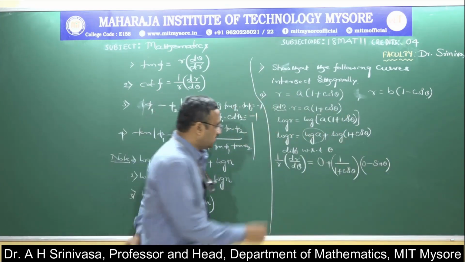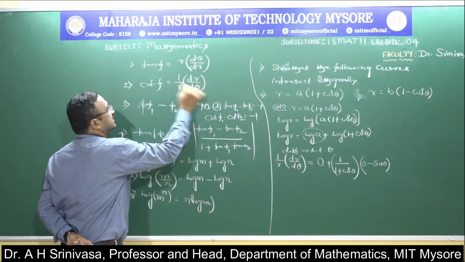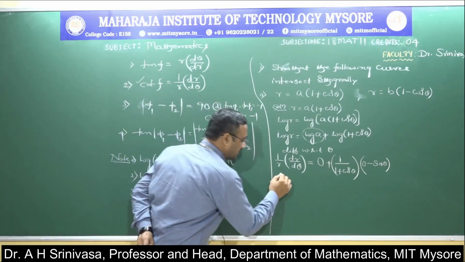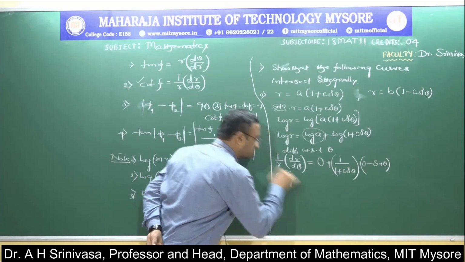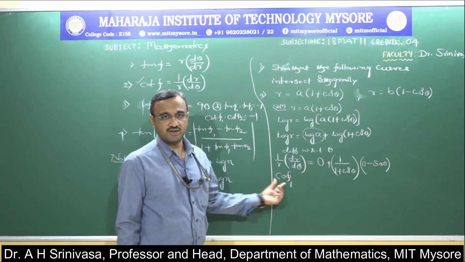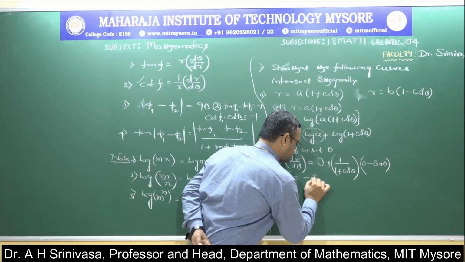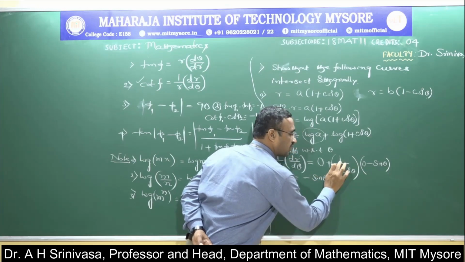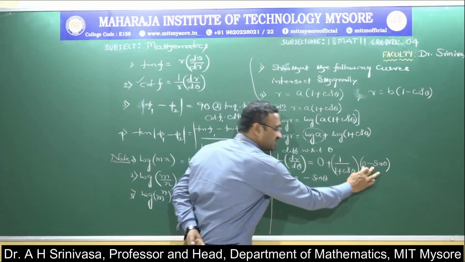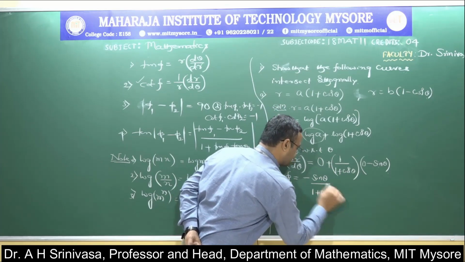Now 1 by r dr by d theta, we have to use this result. It is cot phi. Since two curves are there, call this cot phi 1. It should be equal to minus sin theta divided by 1 plus cos theta.